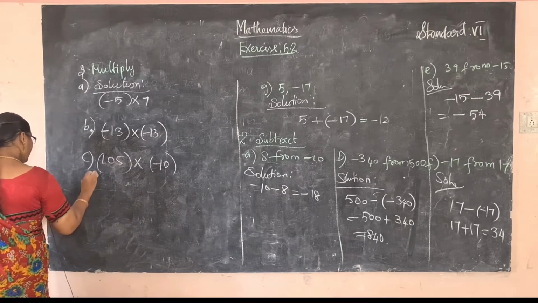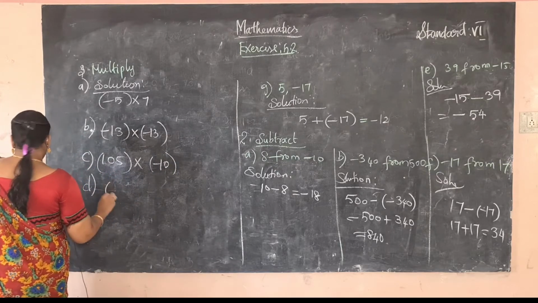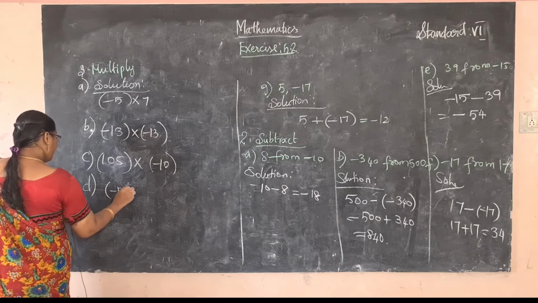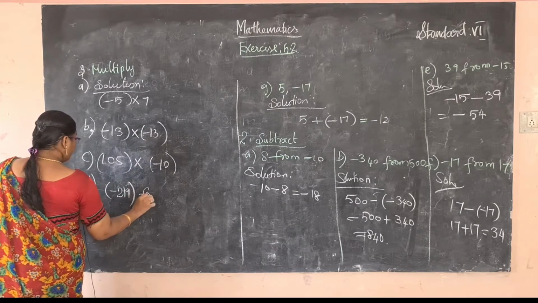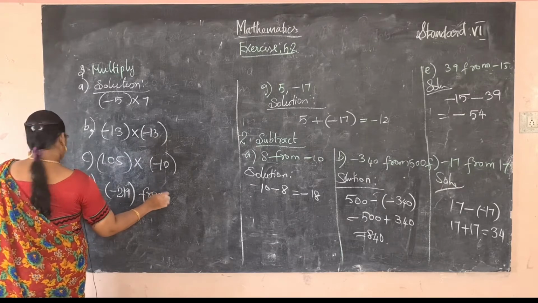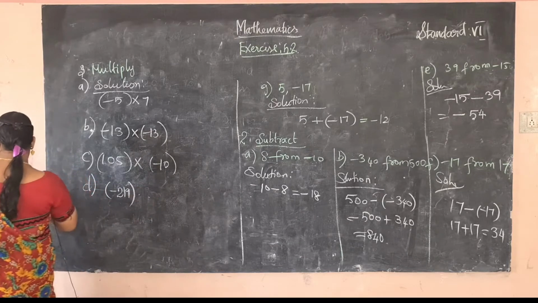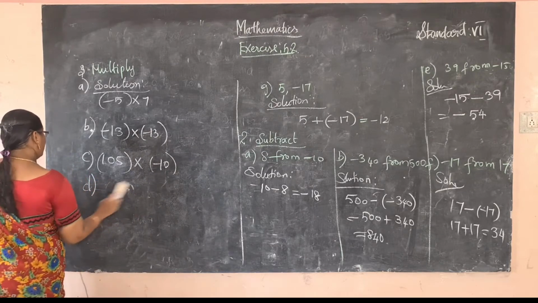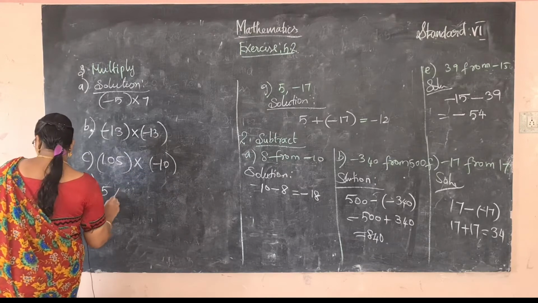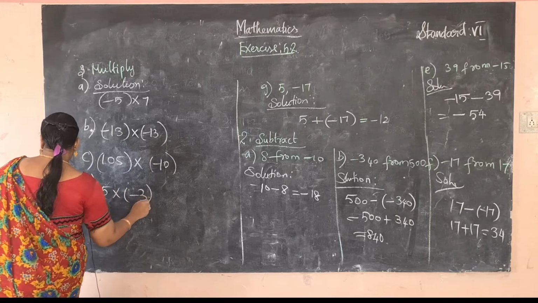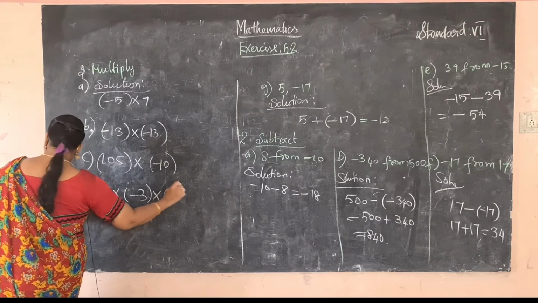D: the problem is 5 into minus 3 into minus 7 into minus 6.